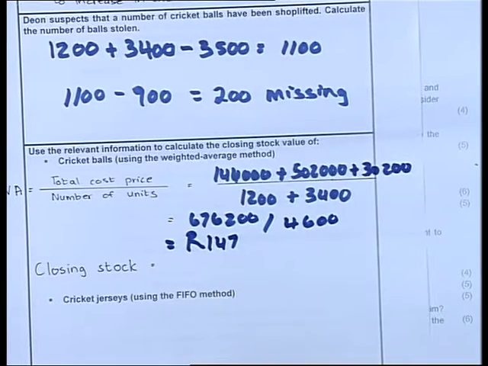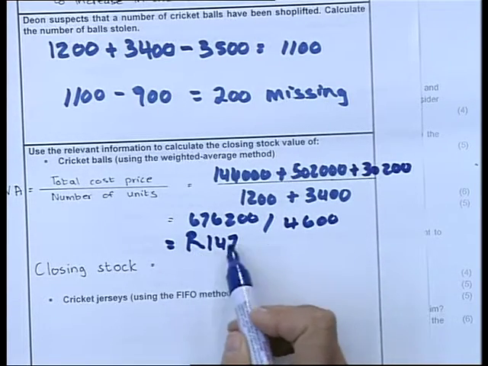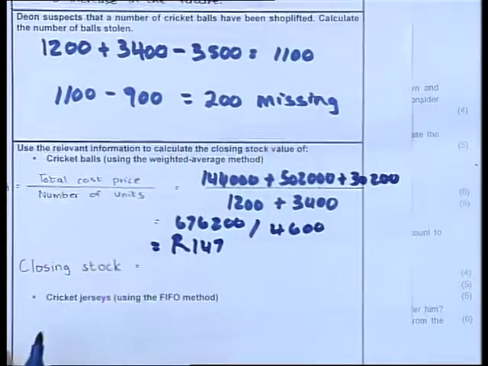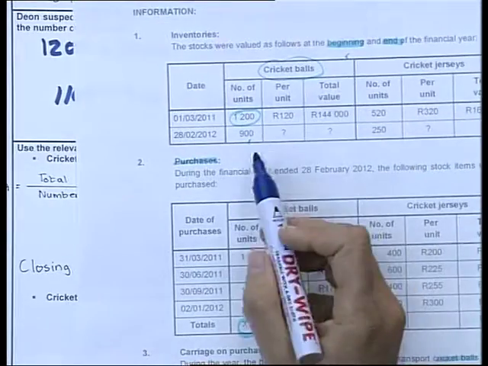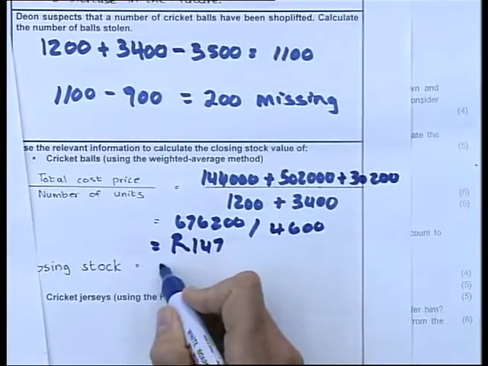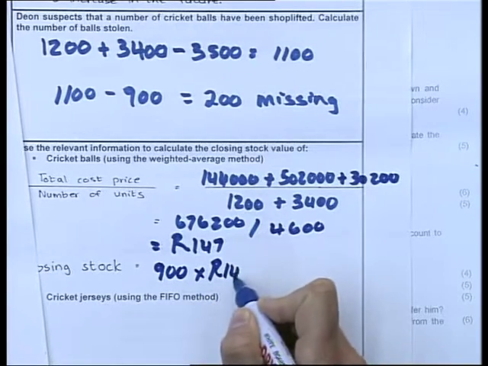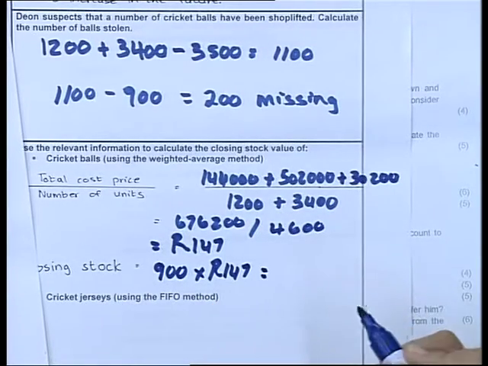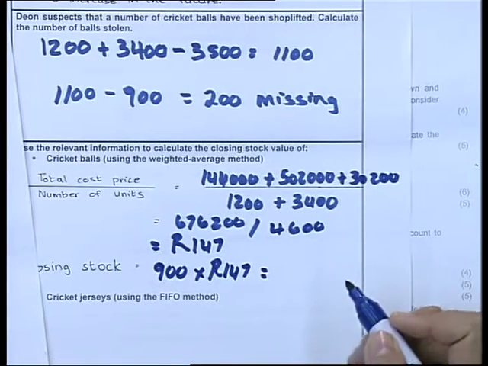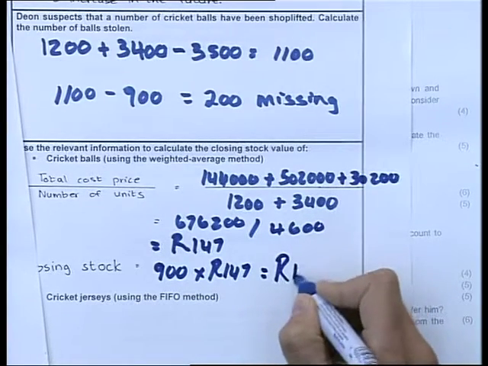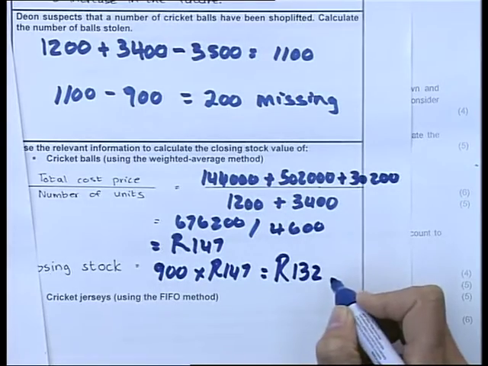Okay, now how many units are in my closing stock? Units in my closing stock is 900. So we will say 900 times 147 equals 132,300.